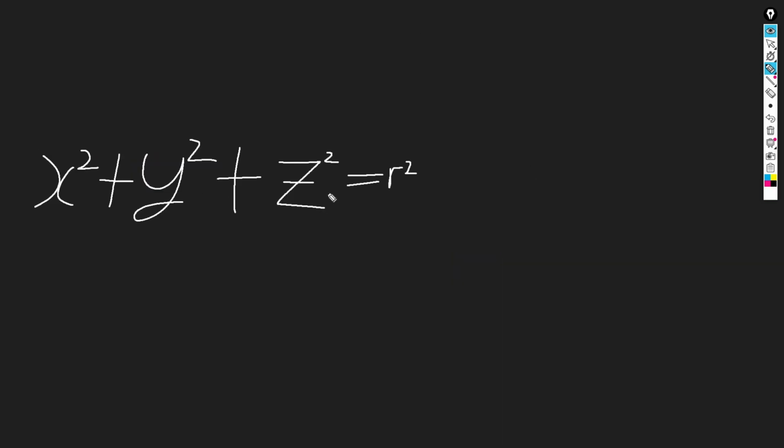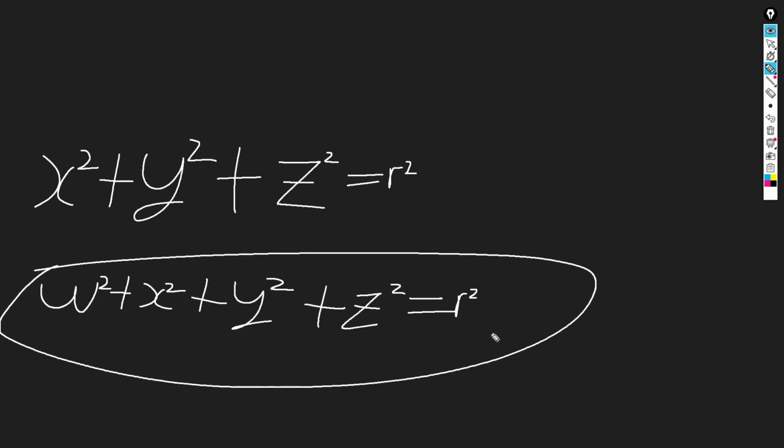This is the equation for a sphere centered at the origin in 3 space. And a 4D sphere lives in a system that has 4 spatial dimensions. Since we don't have any letter after z to represent the fourth one, we'll just use w or something. So this is the equation for a sphere in 4 dimensions.